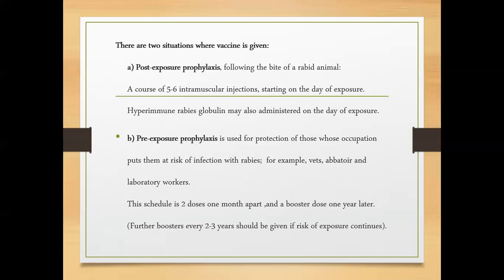There are certain types of people who are at risk, for example veterinarians, those who treat animals, aviators, slaughterhouse workers, and laboratory workers. They should be given the vaccine for prophylaxis of the disease. The schedule is 2 doses 1 month apart and a booster dose 1 year later. Further boosters every 2 to 3 years should be given if the risk of exposure continues.